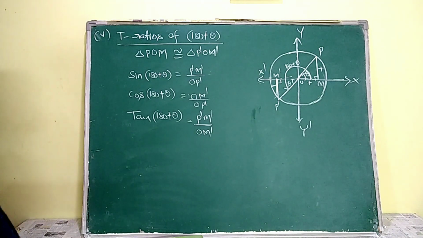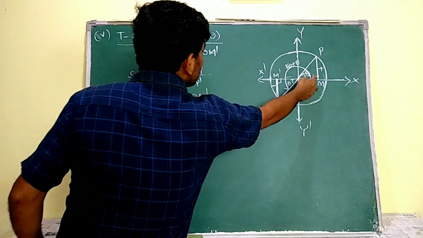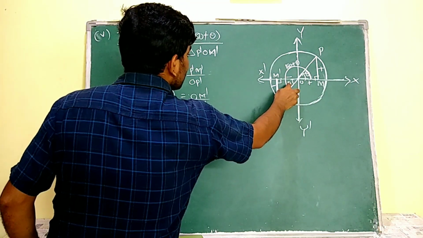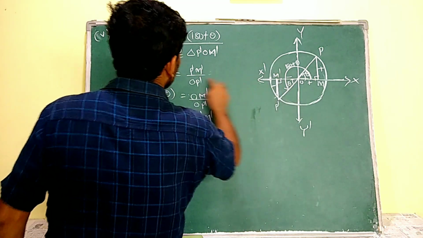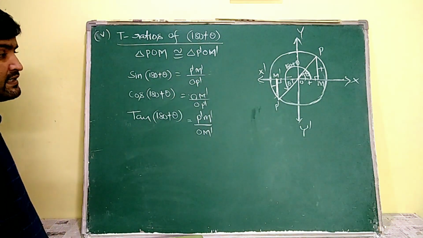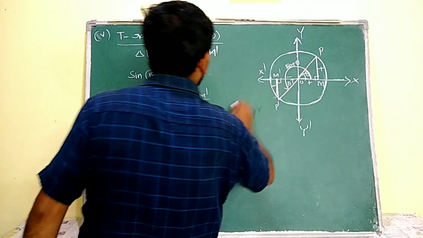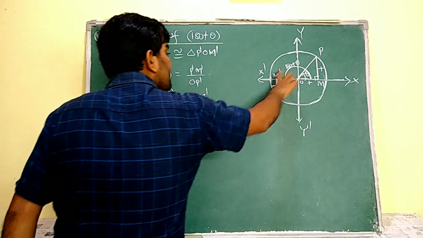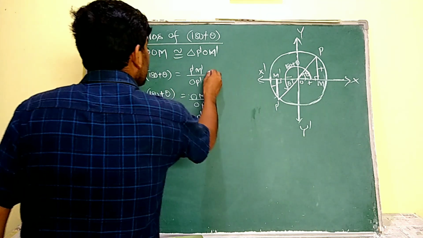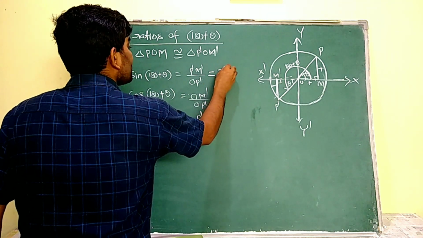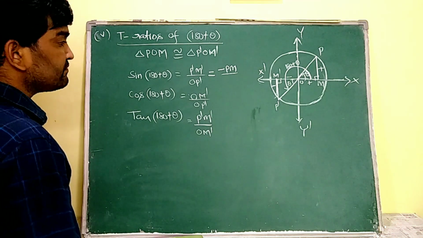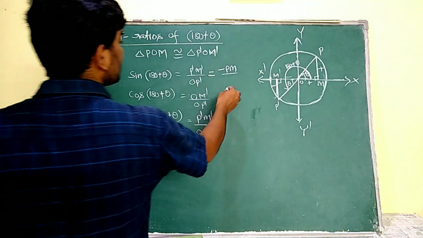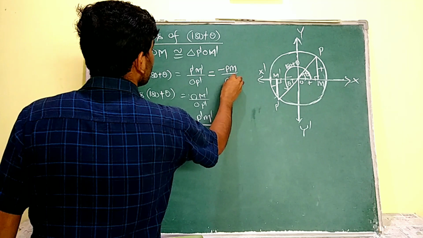So sin(180 plus theta): its opposite side is P dash M dash by its hypotenuse OP dash. As these two triangles are congruent, P dash M dash is equal to PM, but algebraically that is equal to minus PM, by OP dash, which means OP.